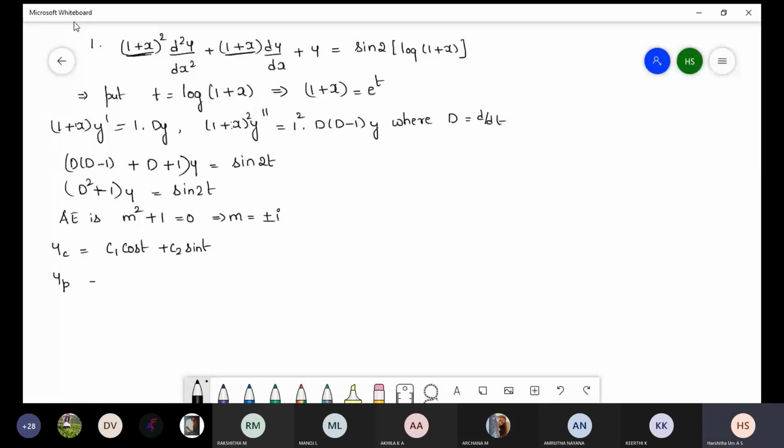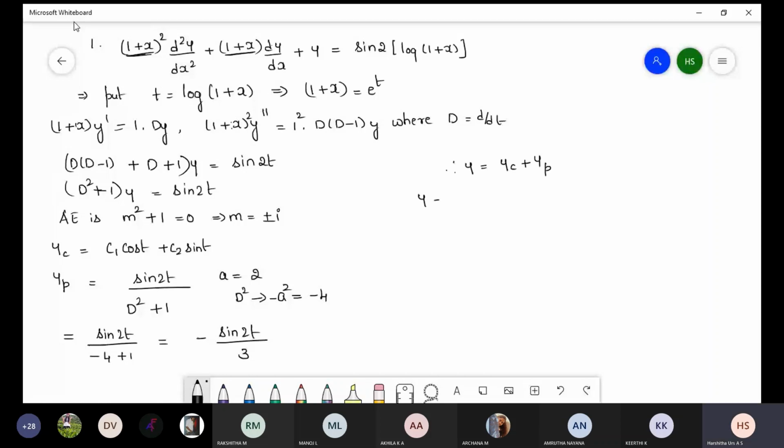YP is equal to sin 2t divided by D square plus 1. Here a is equal to 2, so D square will be replaced by minus a square, that is equal to minus 4. So sin 2t divided by minus 4 plus 1, so it becomes sin 2t divided by minus 3. I write here minus, and here it is 3. Therefore, y is equal to yc plus yp.